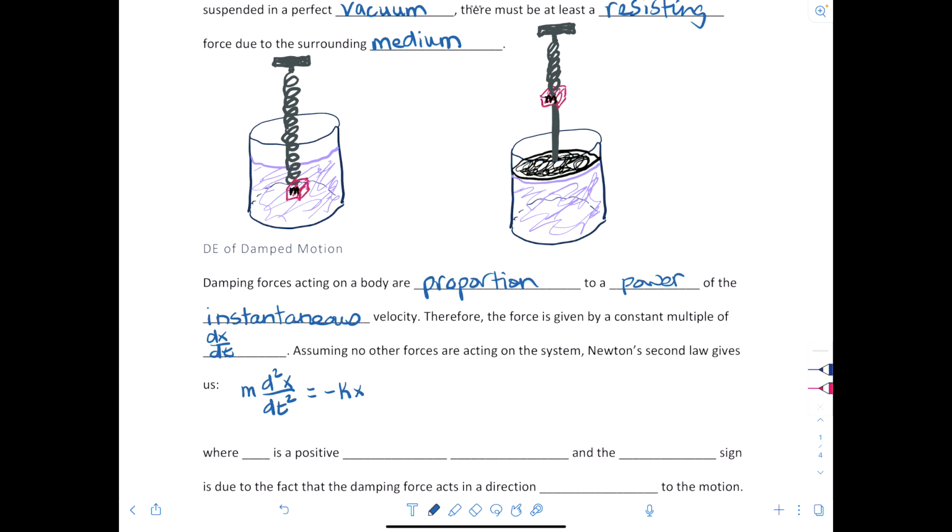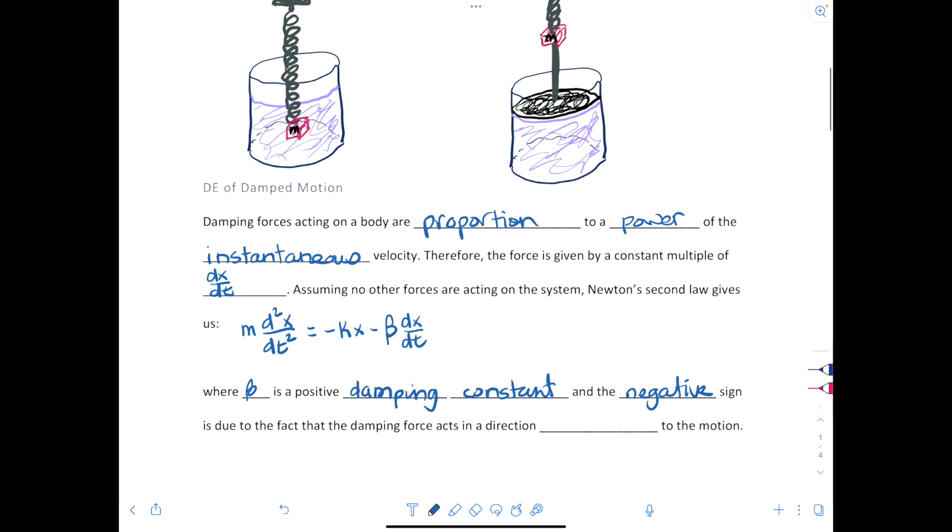But now we're going to subtract some constant beta times dx/dt. Beta is a positive damping constant, and the negative sign is due to the fact that the damping force acts in a direction opposite to the motion.